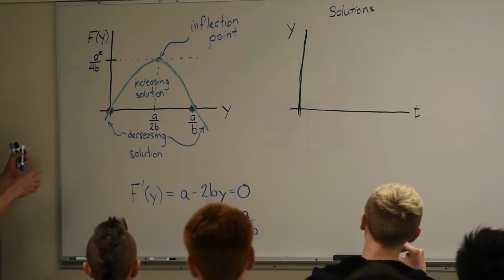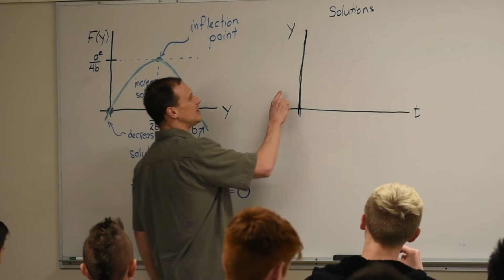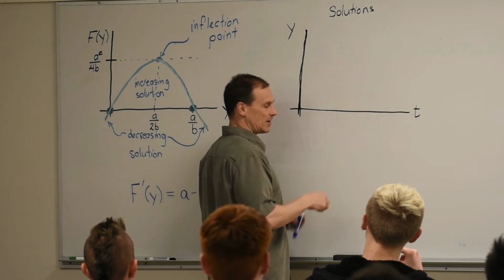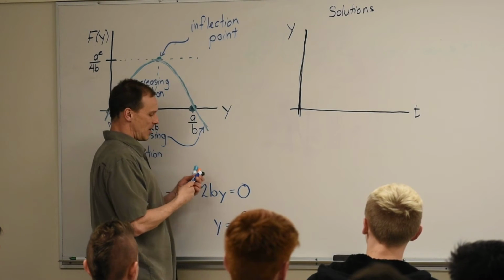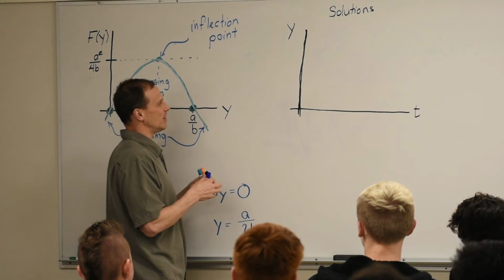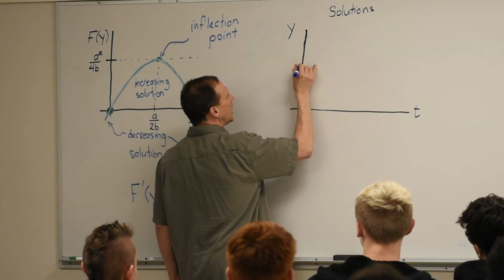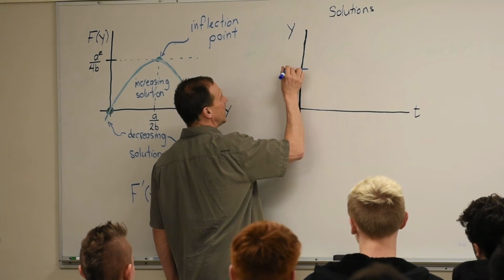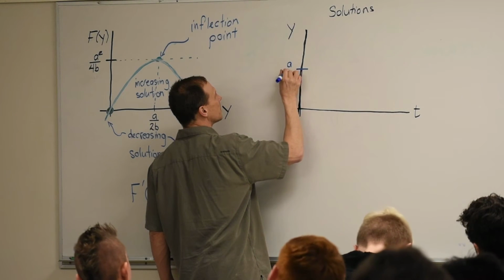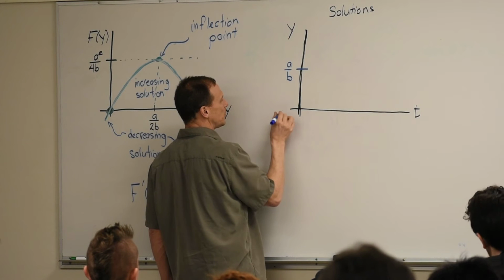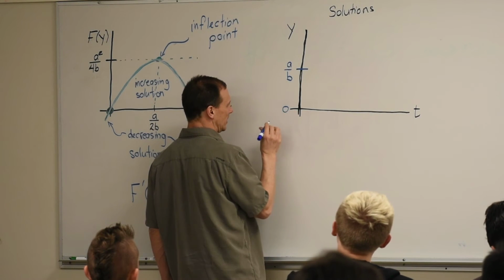But wait a minute, this is the graph of y. It means it's always flat. So this is just y equals a constant. Well, that's just a graph that goes out forever. So here's what I have. I have a point here at a over b, and my point down here at 0.